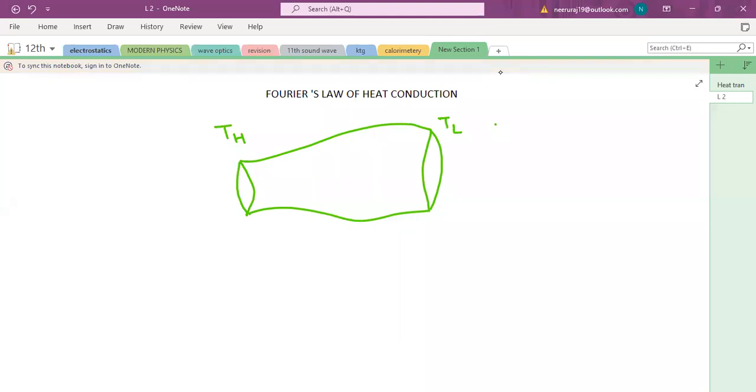Now let's see Fourier law of heat conduction. What does this law say? Suppose this is a conducting material. This end of the material is at high temperature, this end is at low temperature. And I want to write down how much heat current flows in this material. As you know, heat current flows from high temperature to low temperature. So heat current from this cross section will be the same as heat current from this cross section.